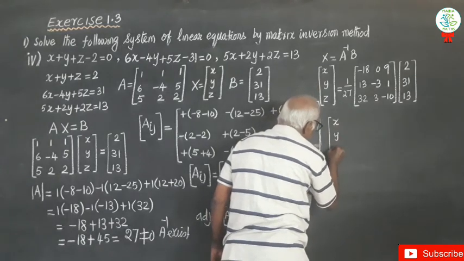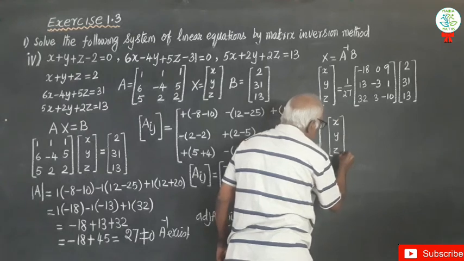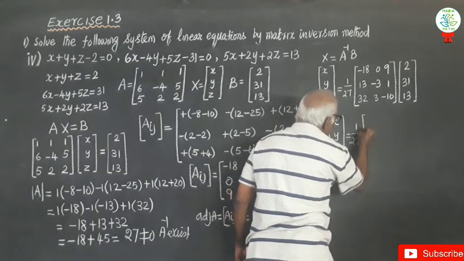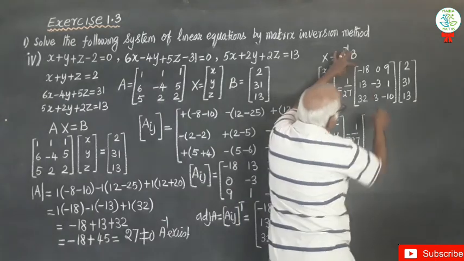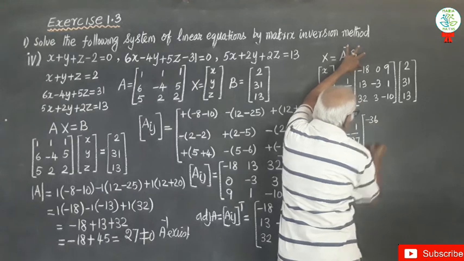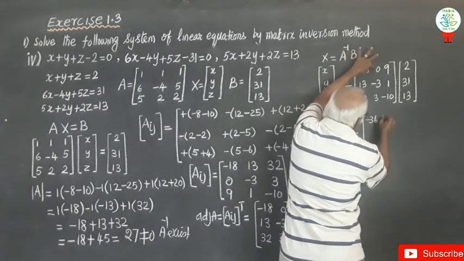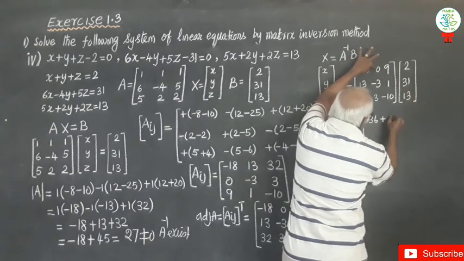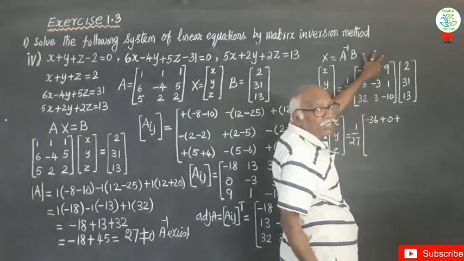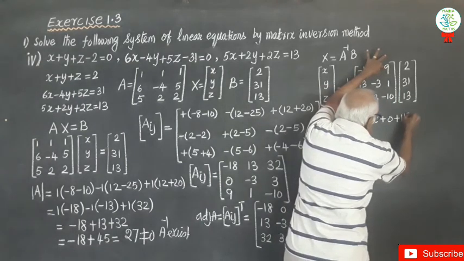Now multiply. x, y, z equal to 1 by 27 into: minus 18 into 2, minus 36, plus 0 into 31, 0, plus 9 into 13, 117.